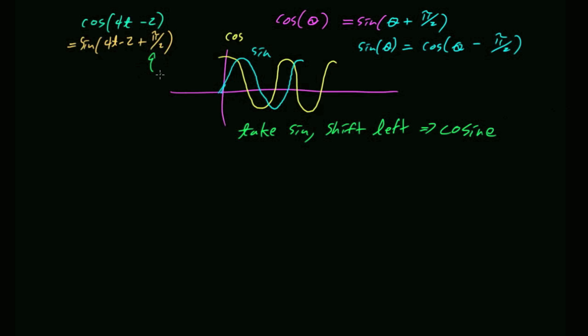So a pi over 2 radians is always a quarter period. If 2 pi is 1 period, then pi is a half period, and pi over 2 is a quarter period. So regardless of what the period is, regardless if I give you a high frequency or a low frequency, I'm just saying bump it over by a quarter period. You're done. It's kind of cool. It's independent of the frequency.